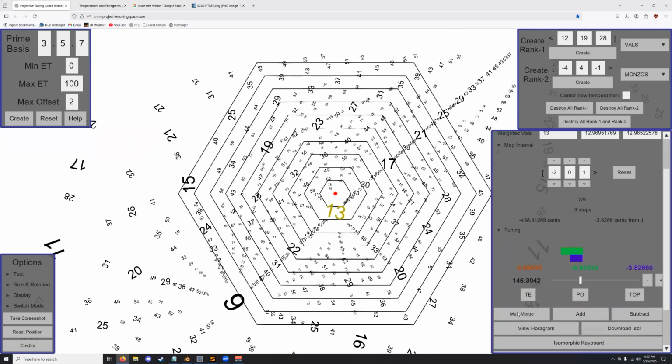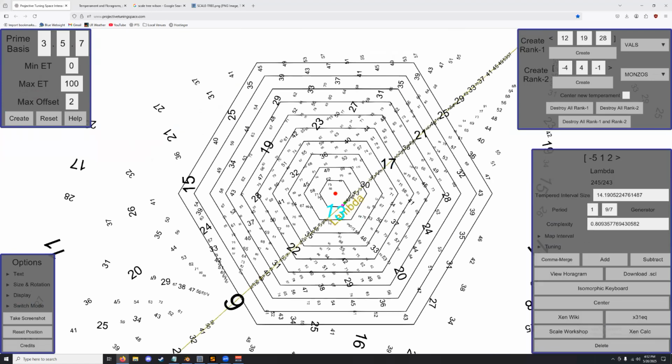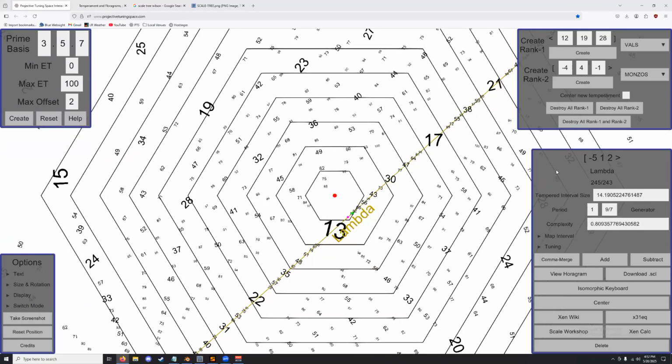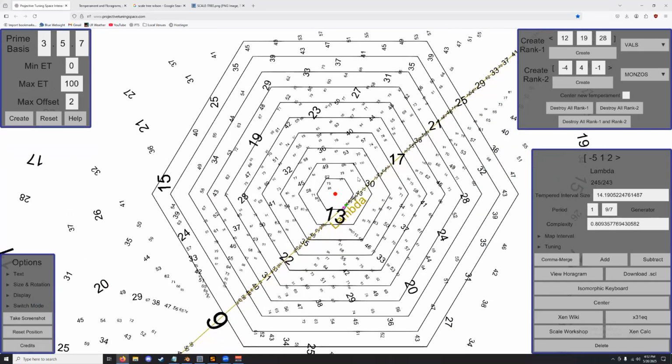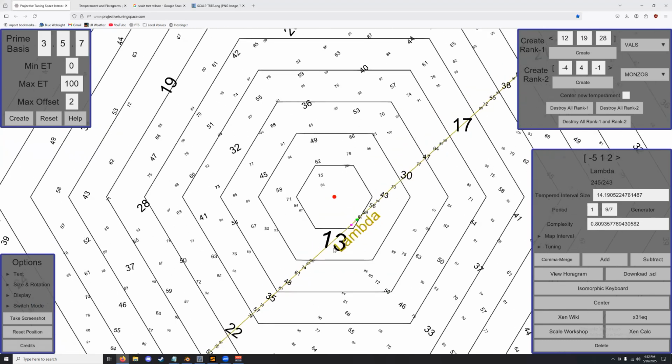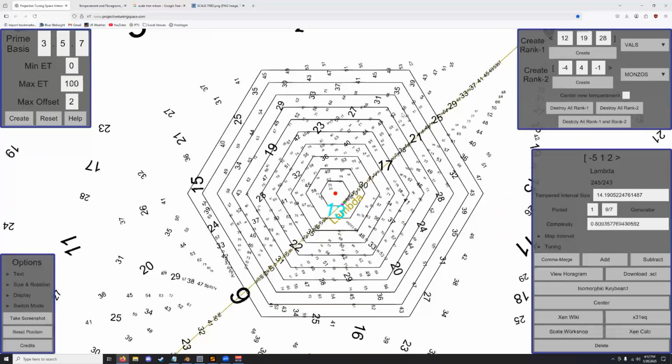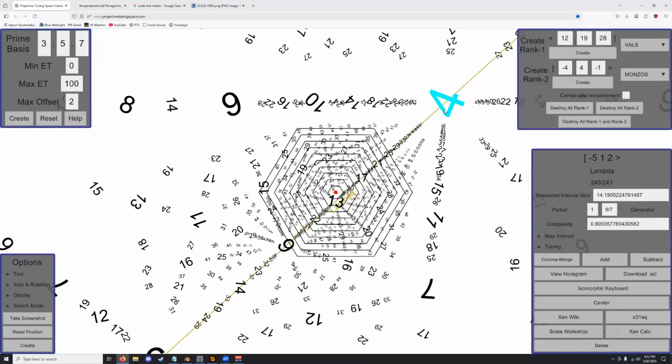And along this line here, I can hit map merge and there's lambda here. This is 245 over 243, the Bowen Pierce comma, and 13 is very good for that. And there's other stuff as well.